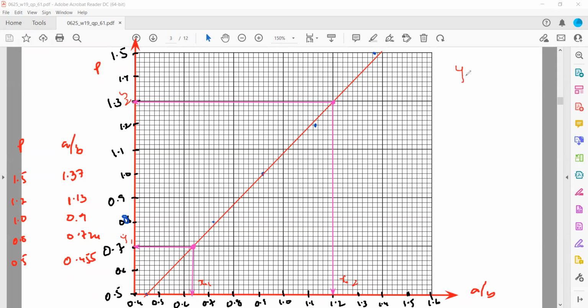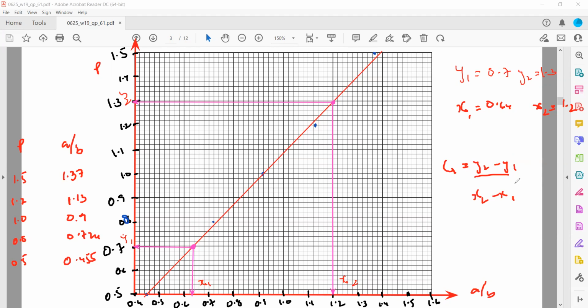So I have the value y1 equal to how much? 0.7. Y2 is how much? 1.3. X1 is 0.64. And x2 is how much? 1.2. So the formula for the gradient is y2 minus y1 over x2 minus x1.